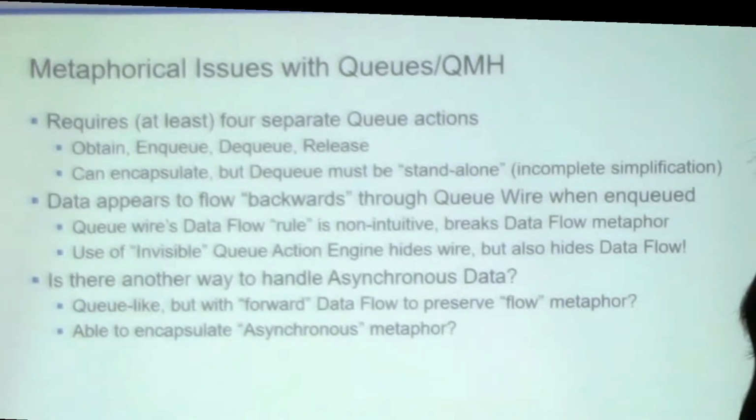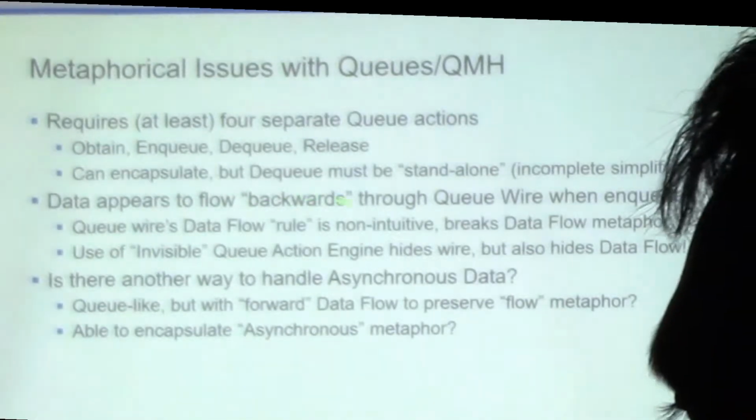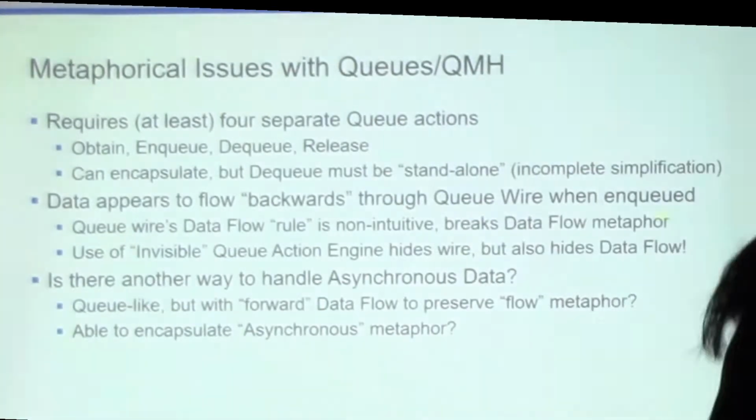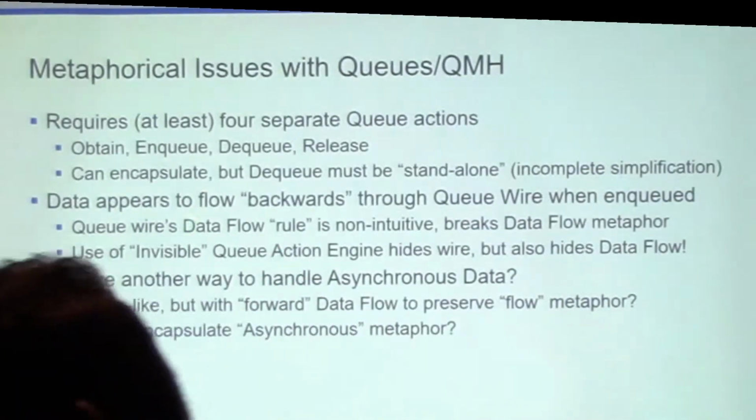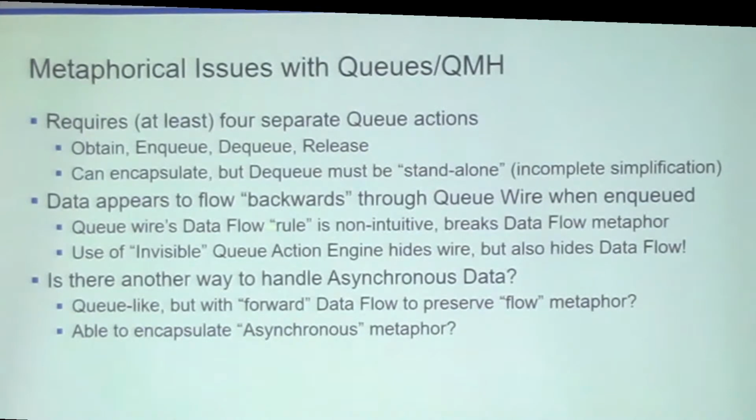I was bothered by the fact that the data appeared to flow backwards through the Q wires when you NQ it. And the Q data flow rule is not intuitive. I realize it's a structure and it's a reference, and so it doesn't matter, but it's still, I'm thinking data. I'm a scientist. I like to follow the data, and the data were going in the wrong direction.